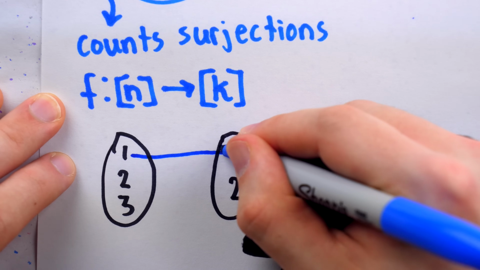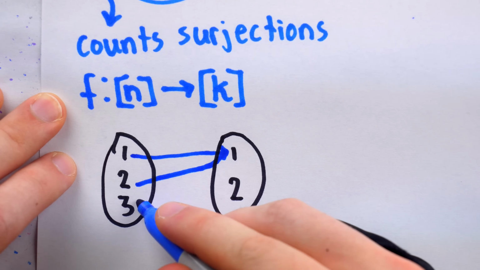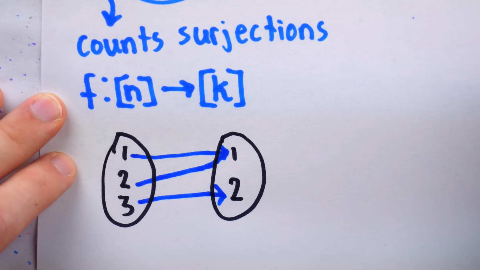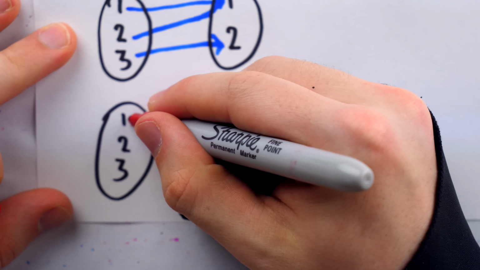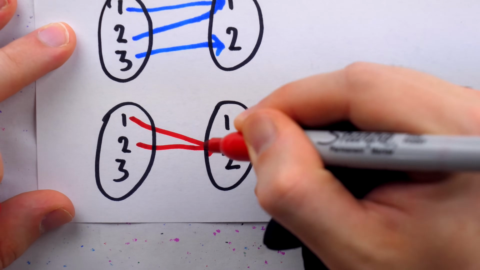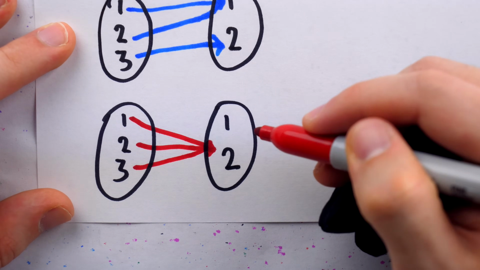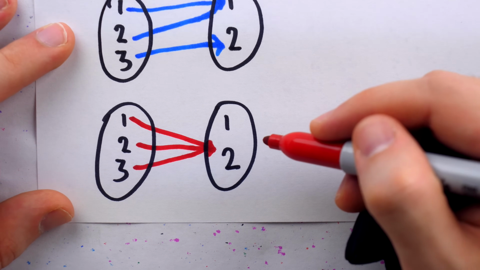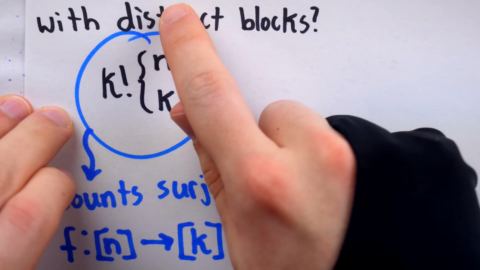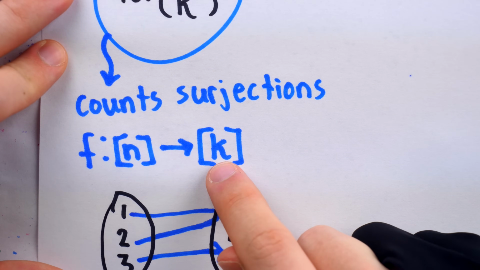So an example of a surjection would be this function that sends 1 to 1, 2 to 1, and 3 to 2. On the other hand, it wouldn't be a surjection if 1, 2, and 3 were all sent to 2, because then nothing is getting sent to 1, so the codomain is not being covered. So then, why the heck does this count surjections from the first n positive integers to the first k?